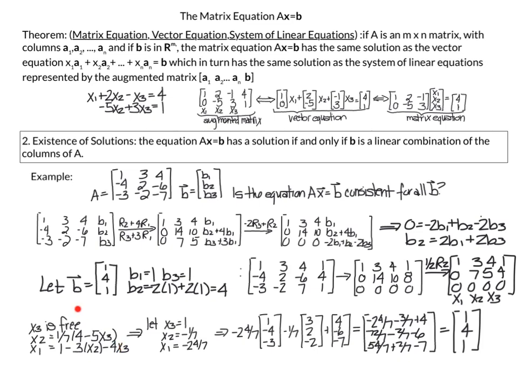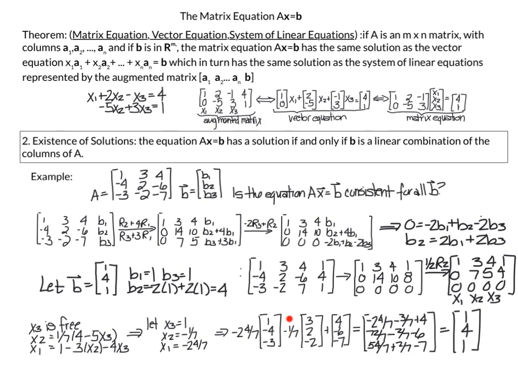Since x3 is free, and again I want small numbers, I let x3 equal 1. Then plugging into this equation, x2 will be equal to -1/7, and x1 is equal to -2 4/7. And this made me very unhappy because I have these fractions here, but that's what I got. So x1, I plugged that in as my coefficient for my first column vector, which is 1, -4, 3.